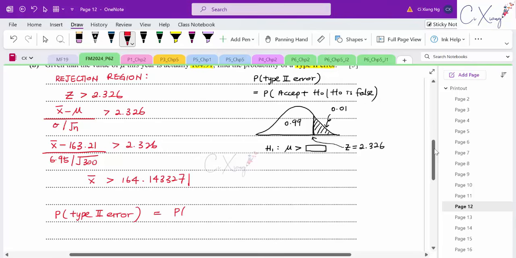So what is the definition of type 2 error? I accept the null hypothesis when the null hypothesis is false. Accepting the null hypothesis means I need to use the acceptance region, so this is my acceptance region.